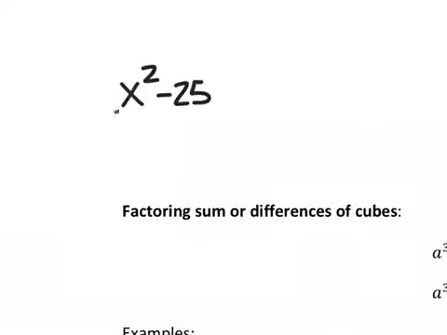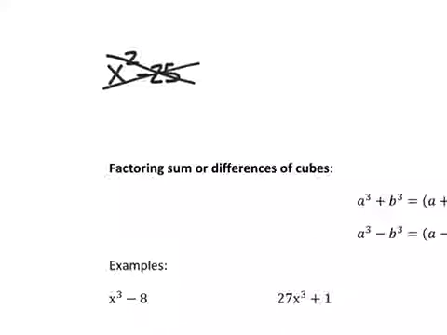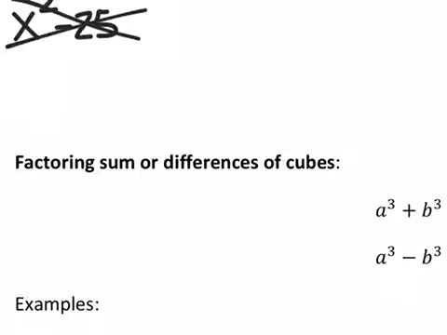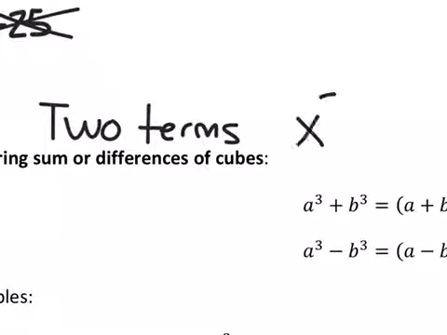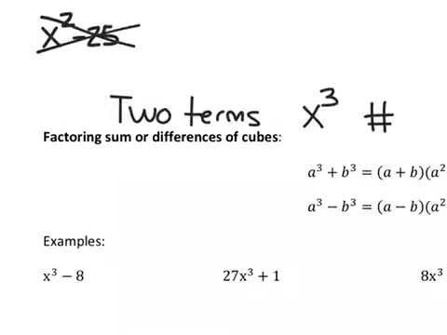That's a different type. That's factoring sum and difference of squares. You'll be able to recognize these when you see 2 terms. All right, and the first one is an x cubed, and then the second one is just some type of number. And it could be addition or subtraction. So that's how you recognize these 2 terms where the highest exponent is 3.